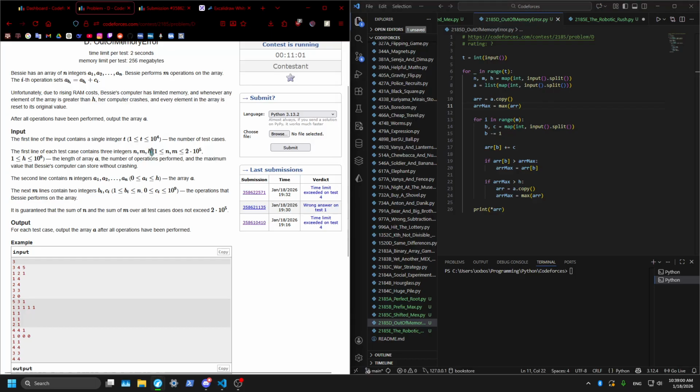N is greater than 1. M is 2 times 10 to the 5. And H is 10 to the 9.